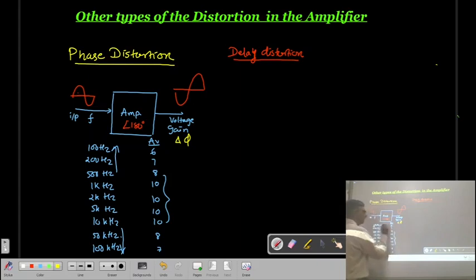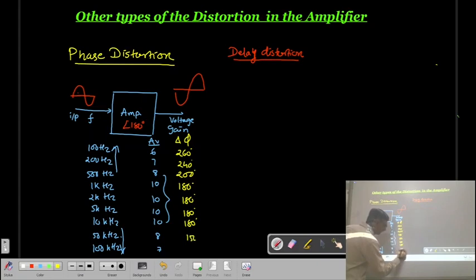When the frequency is 100 Hz, you get a phase difference of 260 degree. When I increase the frequency, it becomes 240 degree. Then for 500, it will be 200 degree. Then I get 180 degree, 180 degree, 180 degree, again 180 degree, and then this reduces to 150 degree and 100 degree like this.